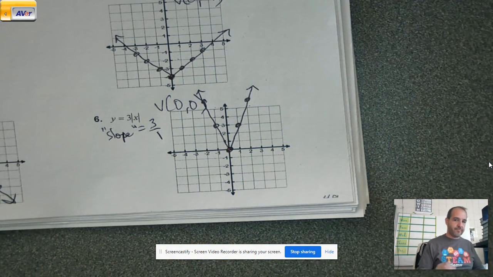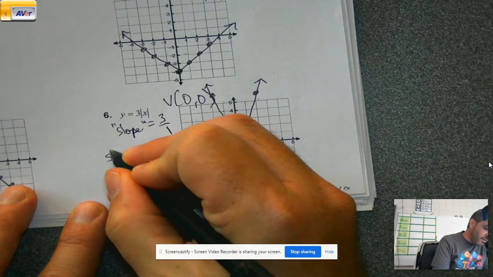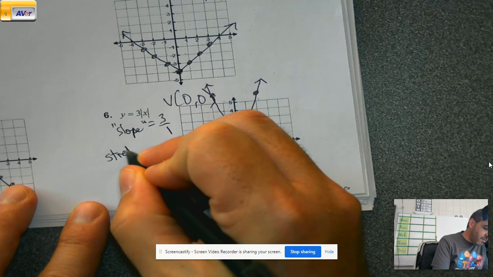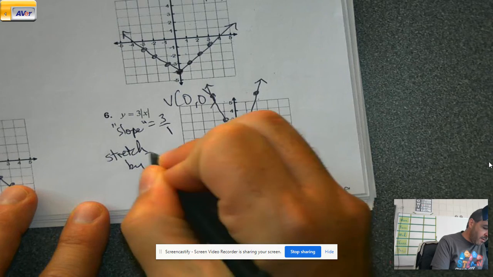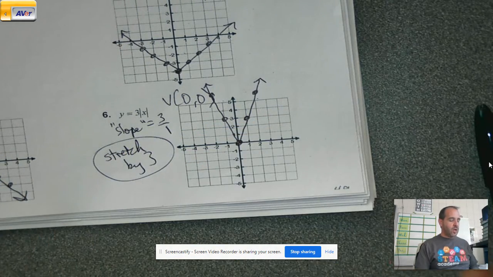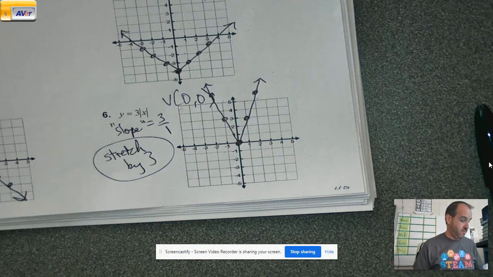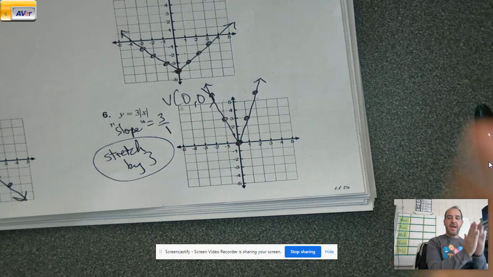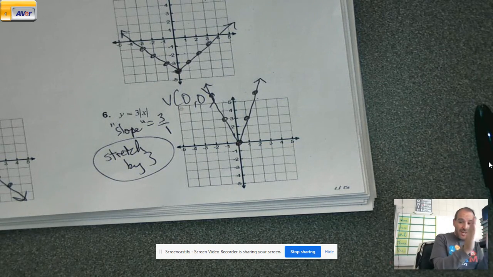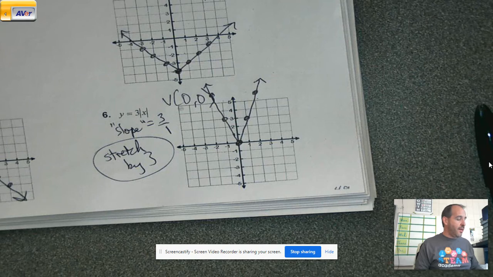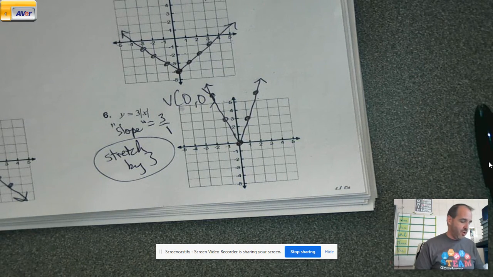Okay, sometimes we'll call this a stretch. If it's expanding, or if it's a fraction and it's actually getting skinnier, we still call it a stretch that we're doing by that value, okay? So we got up, down, left, right, and then we also have our stretches, okay, or our reflections.